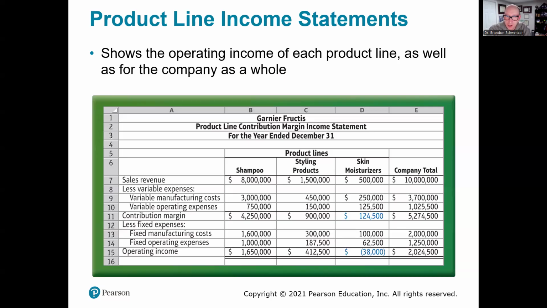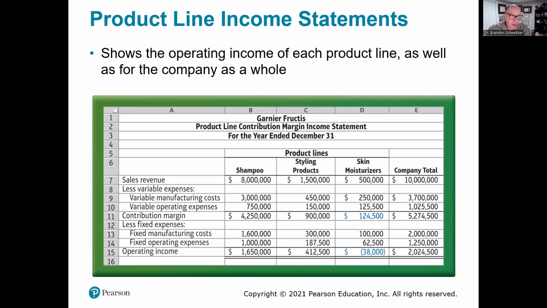So sales minus variable manufacturing minus variable operating gets us to a contribution margin. Then we subtract out our fixed manufacturing and fixed operating to get to our operating income. And as you can see, the skin moisturizer yields a negative operating income, meaning we have a loss from making the skin moisturizer.